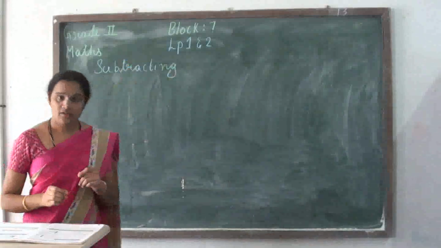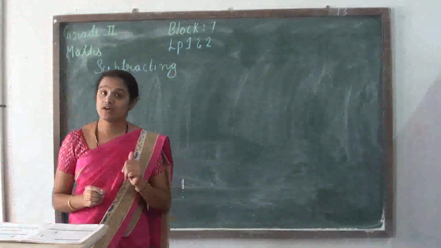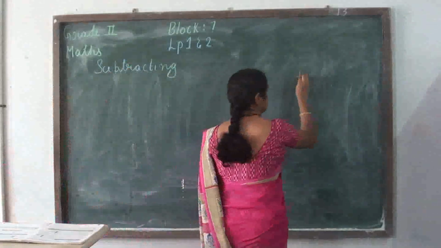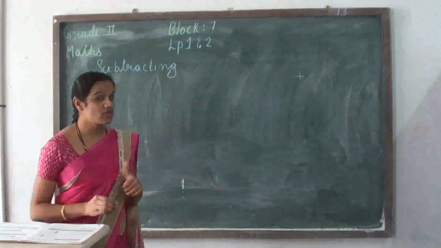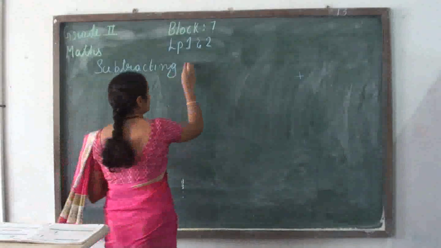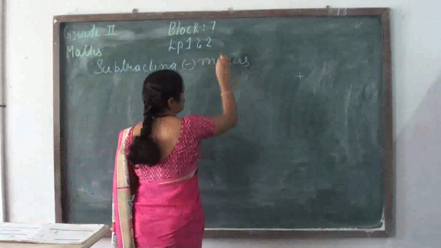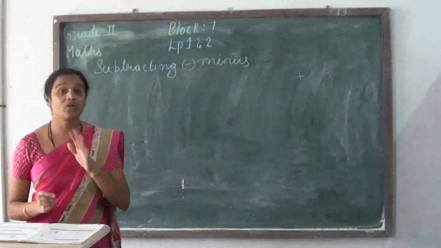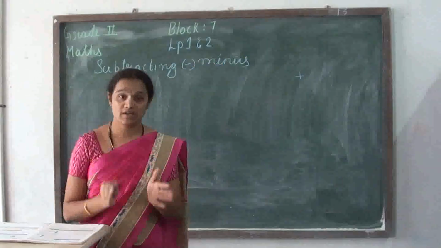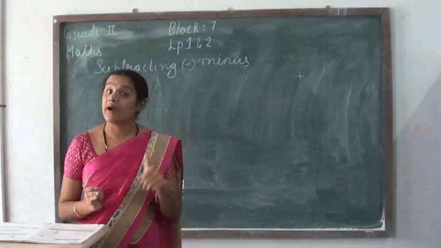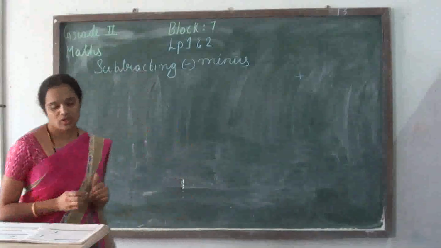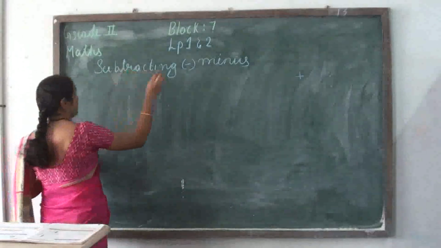You know very well the sign of addition is plus. But subtraction is minus, isn't it? So minus means we have to cut off the numbers. Minus, you have to go back counting. Understood?